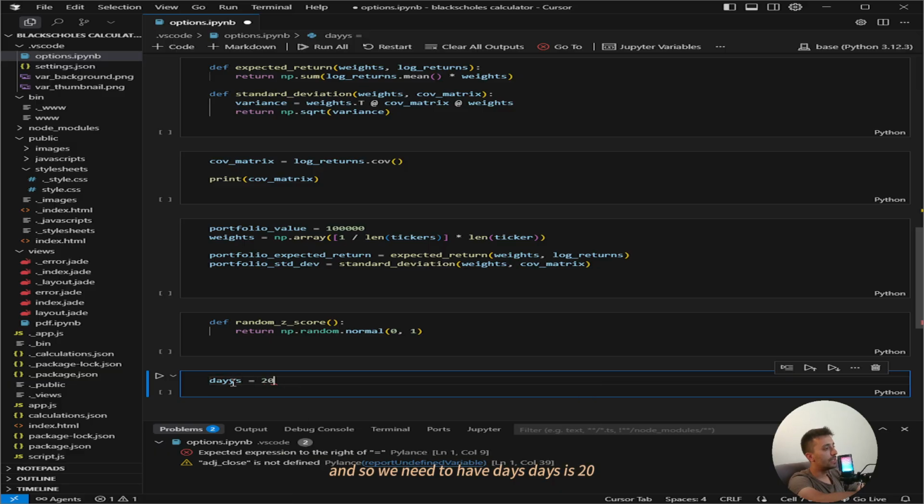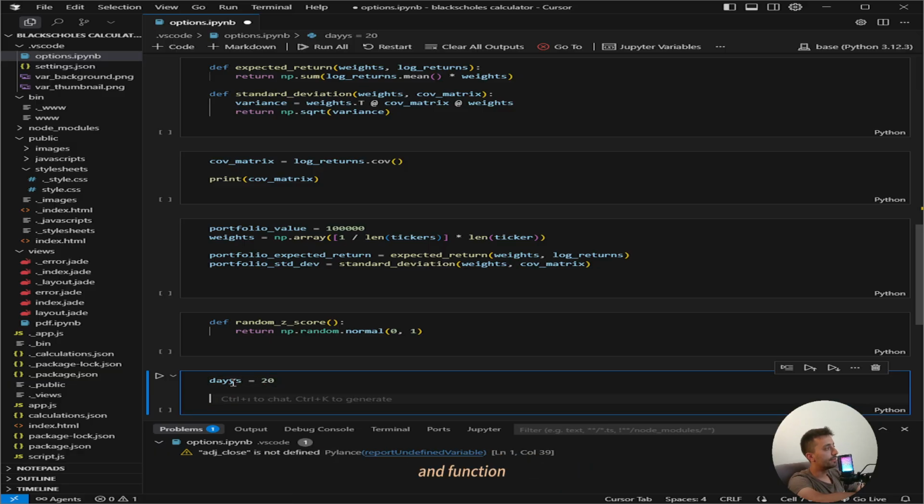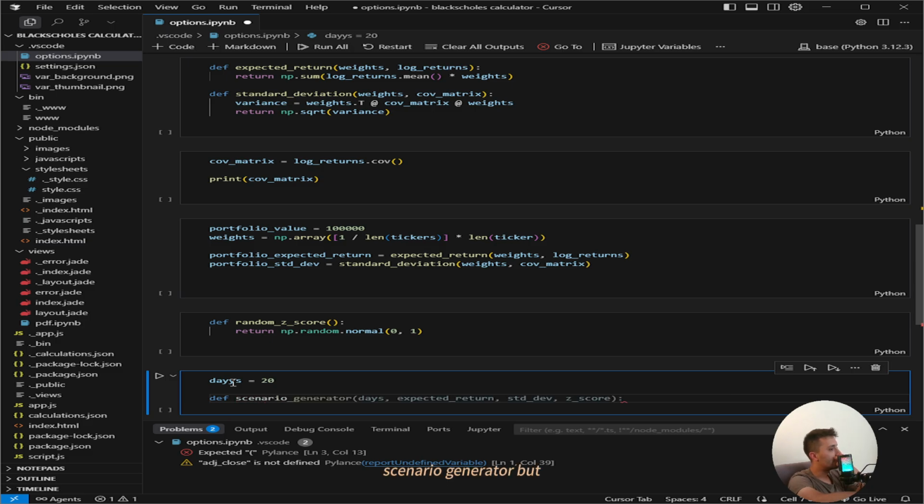Step 7, scenario gain loss function calculates portfolio gain loss for a given scenario. So we need to have days as 20, and this function calculates scenario gain loss, so let's create a function def scenario gain loss, with portfolio expected return, standard deviation, days, z-score.